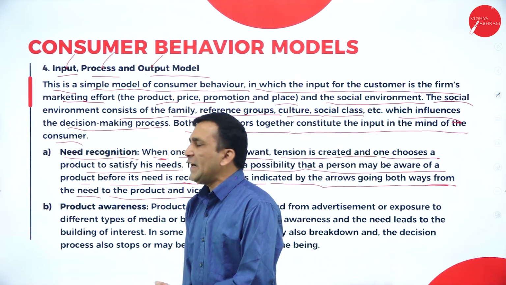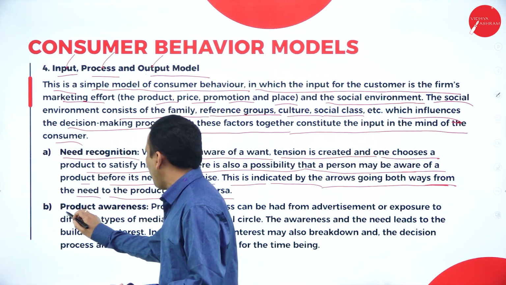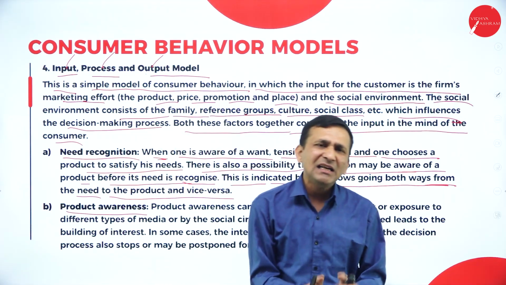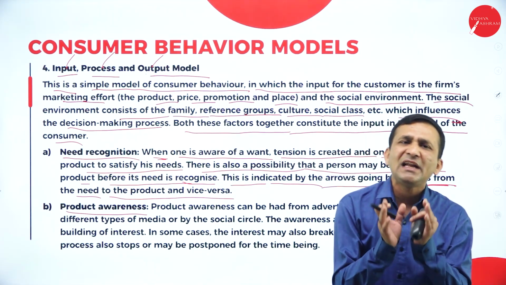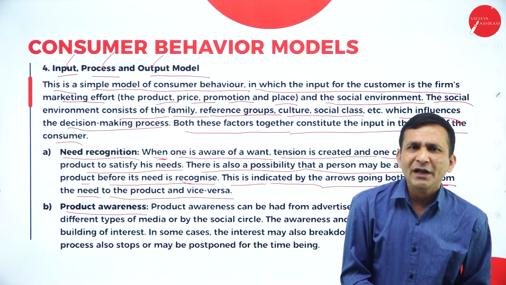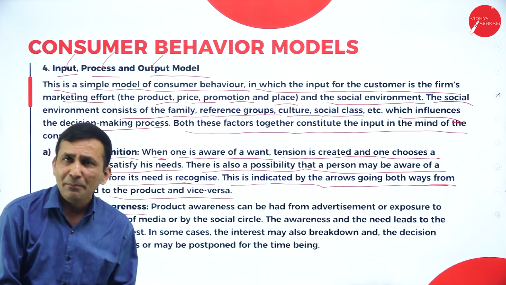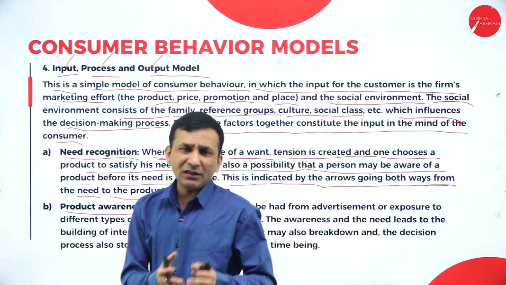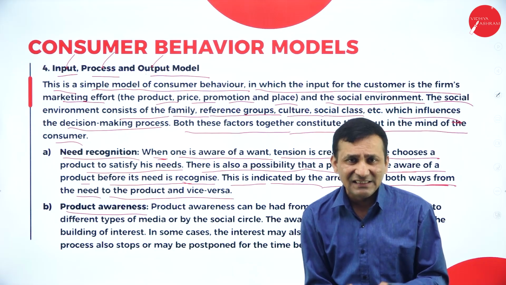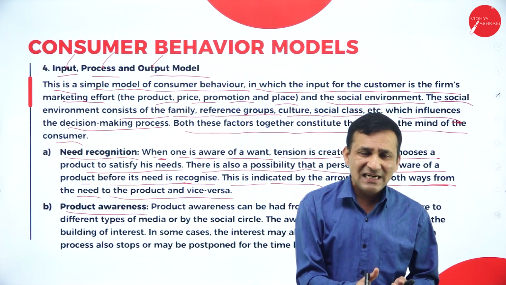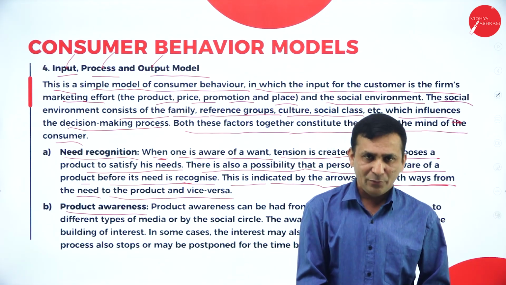Next, once you have need recognition, now product awareness, because ultimately the company wants to create awareness about the product. Of course, consumers get to know through the promotional strategy the company has implemented. Using the promotional strategy, they create awareness about the product.